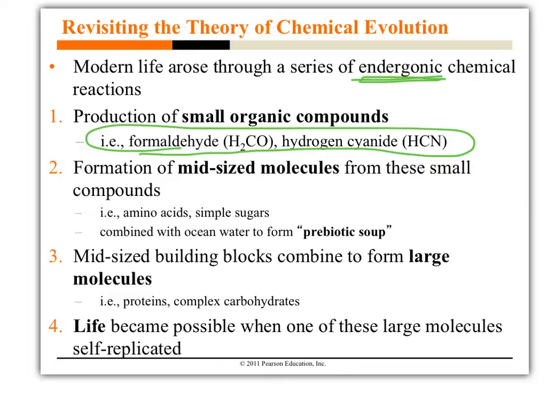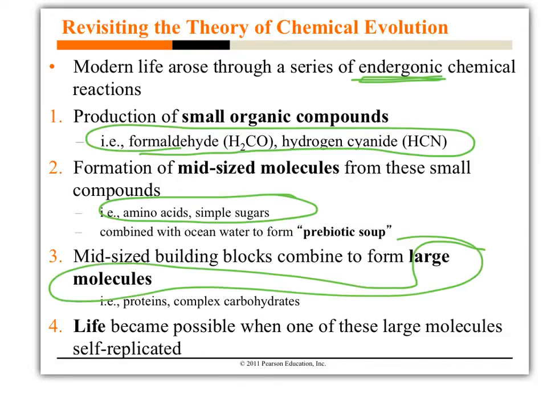From those small compounds, we could get mid-sized molecules, amino acids, simple sugars. Those would then in turn form larger molecules, proteins, complex carbohydrates, and life became possible when one of these molecules self-replicated, probably an RNA molecule.